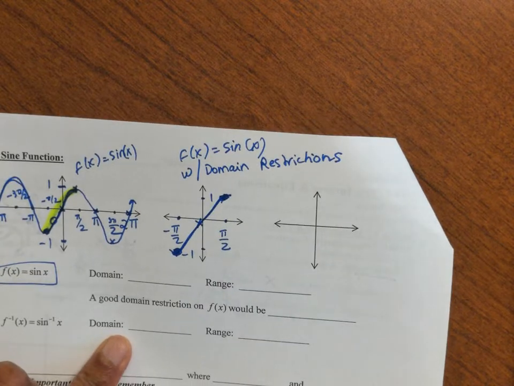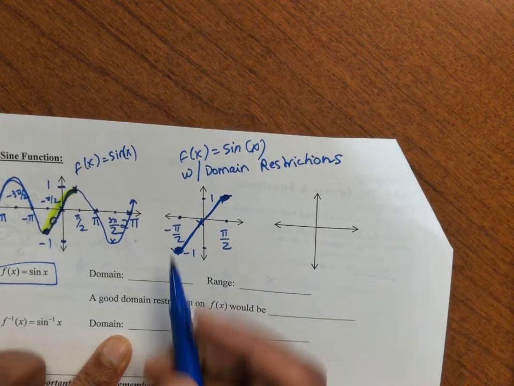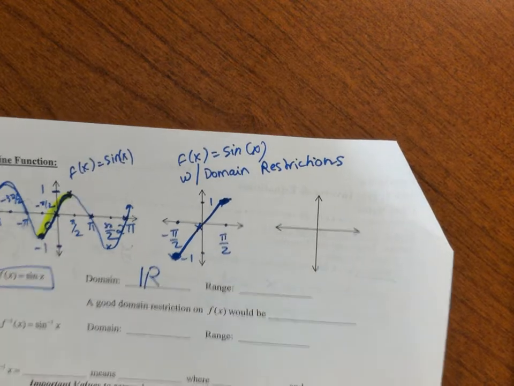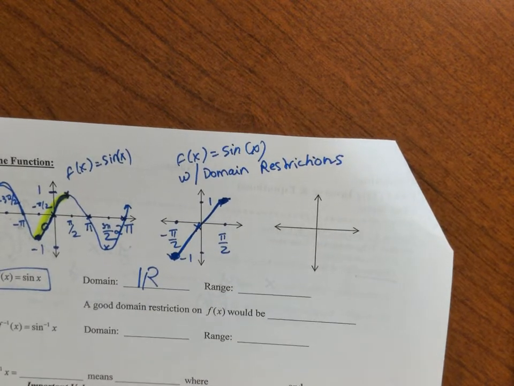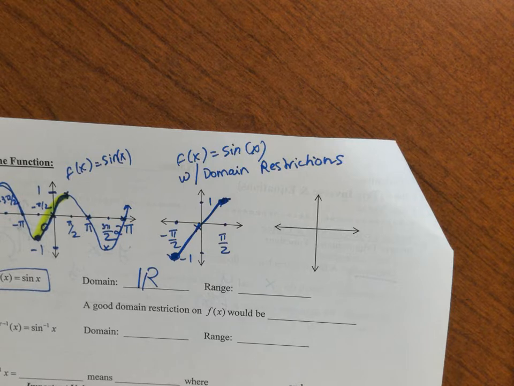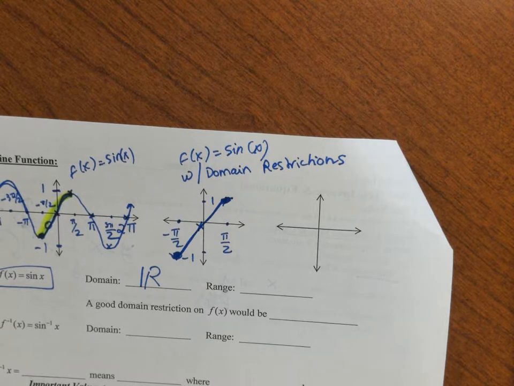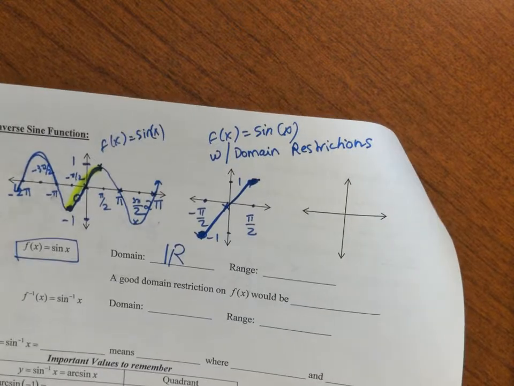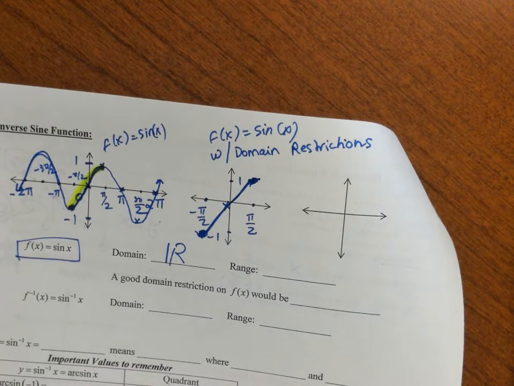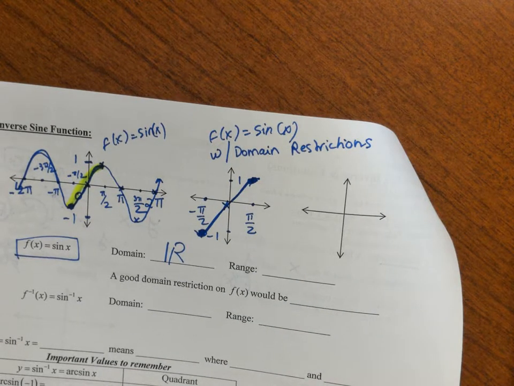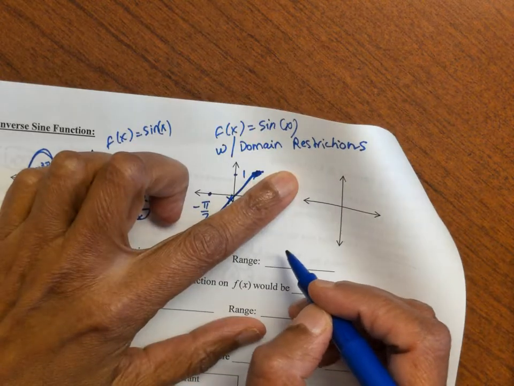What is the domain for a sine function? Everybody agrees? Remember I said it goes on forever, right? My cycle goes on forever. What is the range? What is on the y-axis? We're talking about the parent function. Alright guys, everybody should know this. What is the highest value? Yeah, -1 to +1. Awesome.